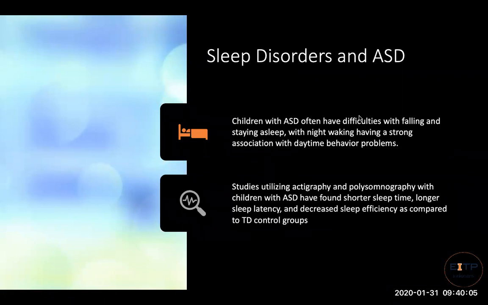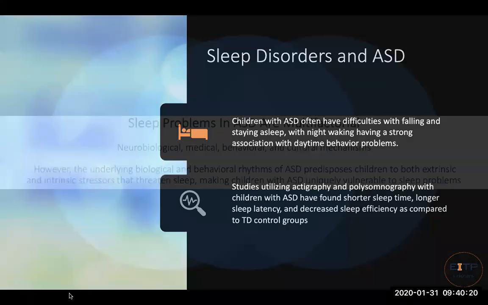They have demonstrated that individuals with autism have shorter sleep time, longer sleep latency, meaning they take longer to wind down, and decreased sleep efficiency as compared to typically developing controls.